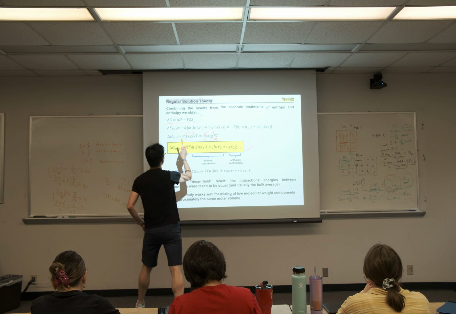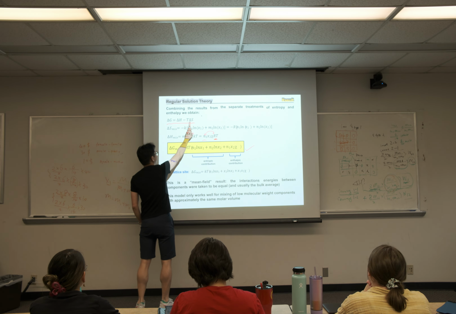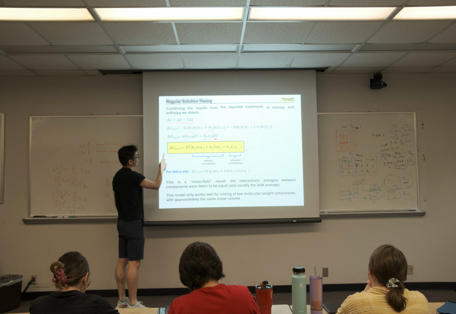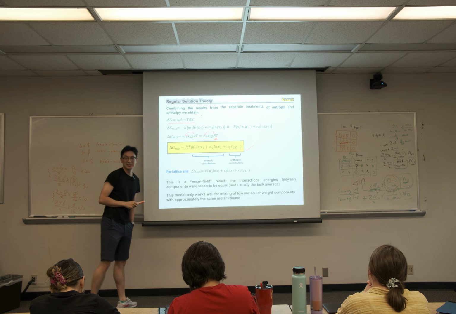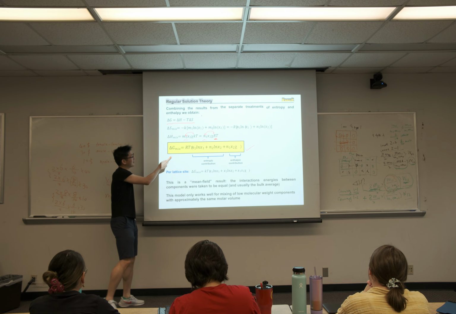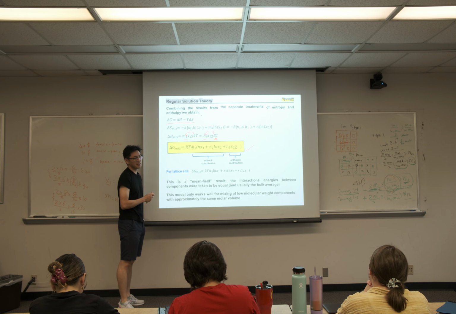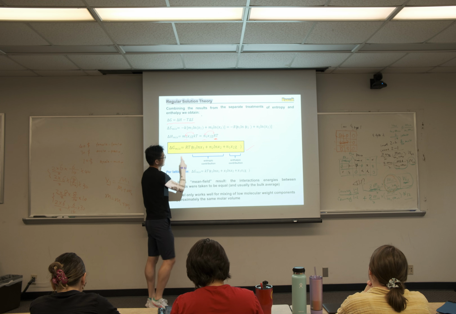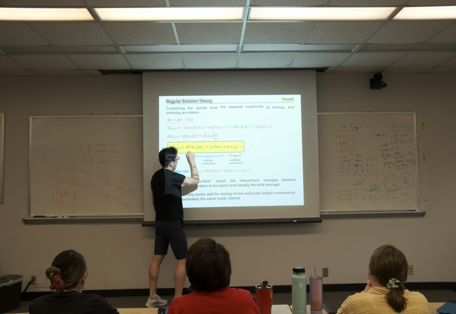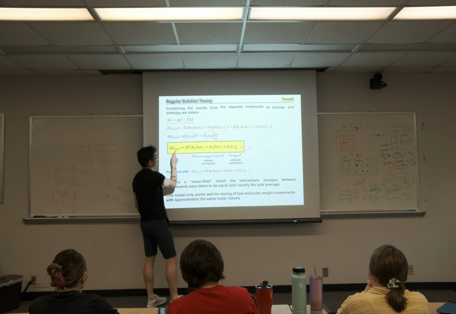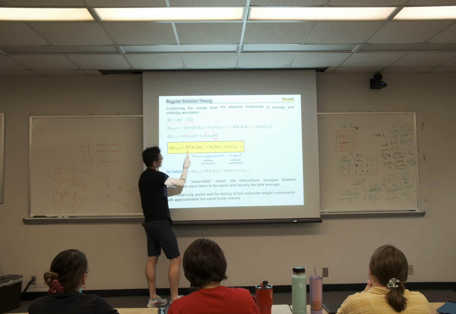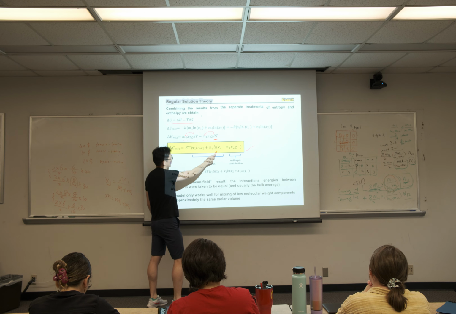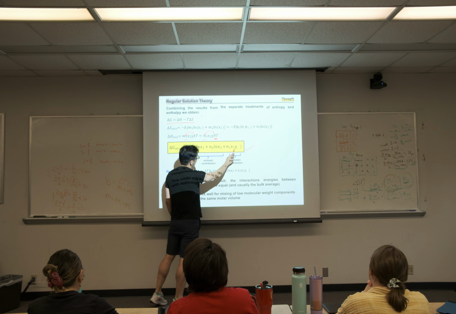We know delta H, we know delta S. We add everything we learned from these two, and we can get delta G. This is the ultimate question about whether you will mix or not. We need to consider the enthalpy and entropy. So I have written down the final equation for delta G for you. It's RT times N1 log x1, plus N2 log x2, plus N1 x2 chi.